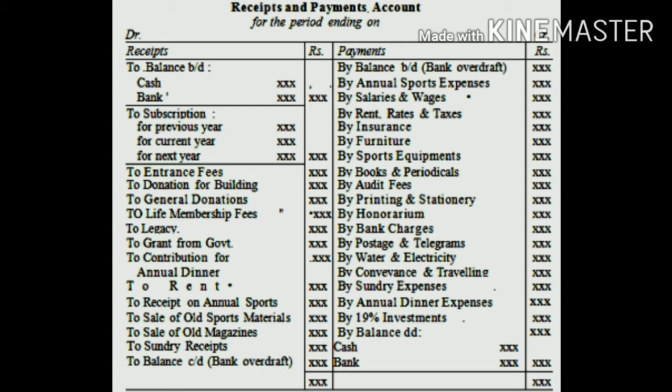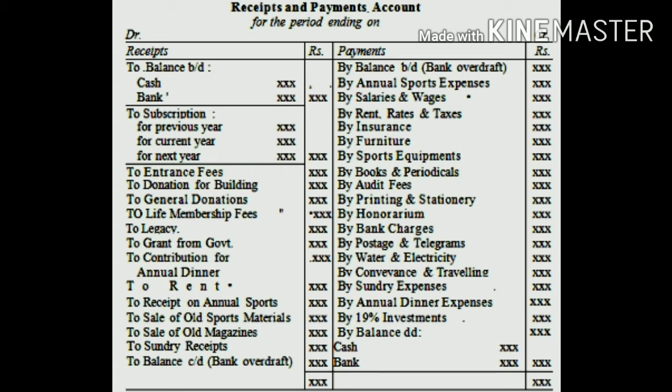To entrance fees, to donation for building, to general donations, to life membership fees, to legacy, to grant from government, to contribution for annual dinner, to rent, to receipt on annual sports, to sale of old sports materials, to sale of old magazines, to sundry receipts, to balance CD, bank overdraft.